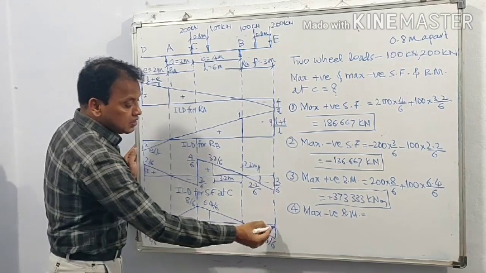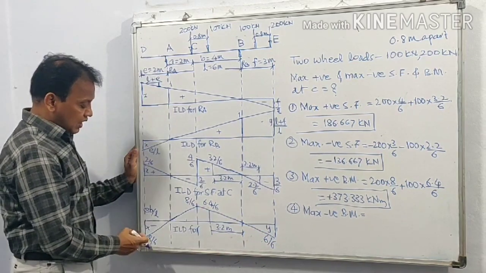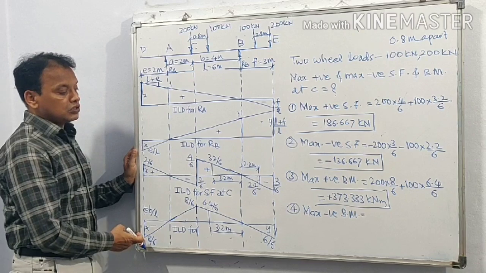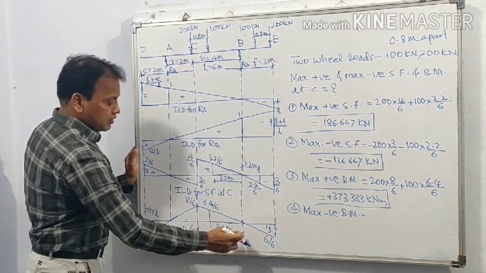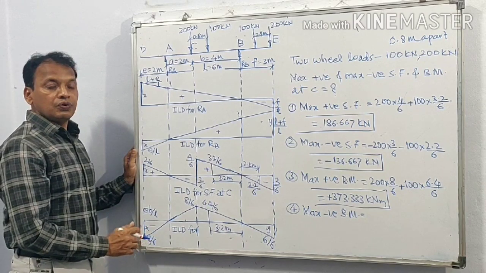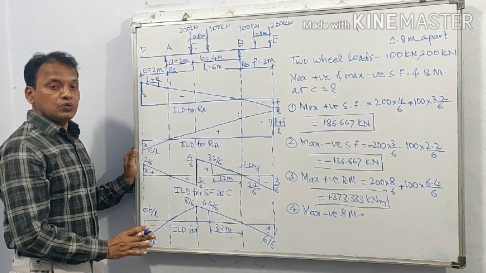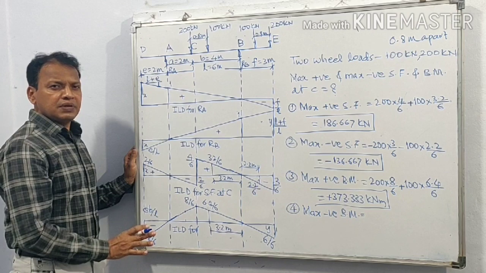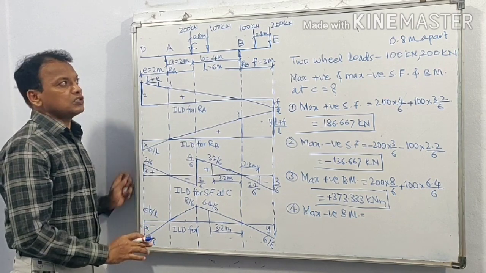In this case, this ordinate is 6 upon 6 and this ordinate is 8 upon 6. Length is 3 meter and this length is 2 meter. So here we have to verify where the load should be applied. Let us make calculations for both positions.